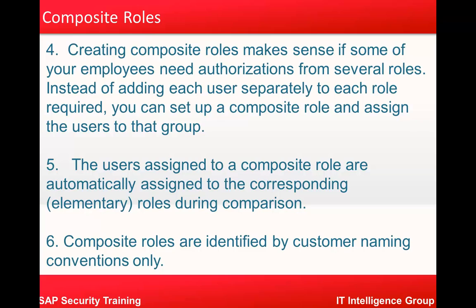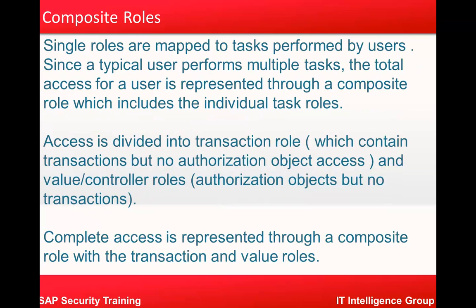Just to recap, a composite role is basically a collection of roles, used just to simplify the administration, so that we can identify from the composite role which department or which level the person is. Single roles are mapped to tasks performed by users.